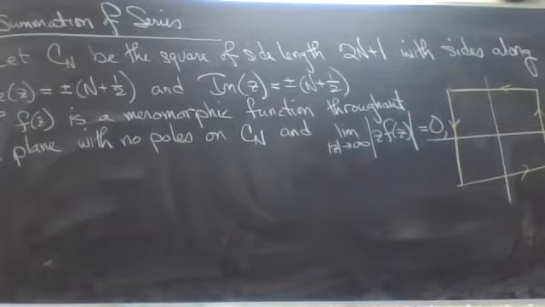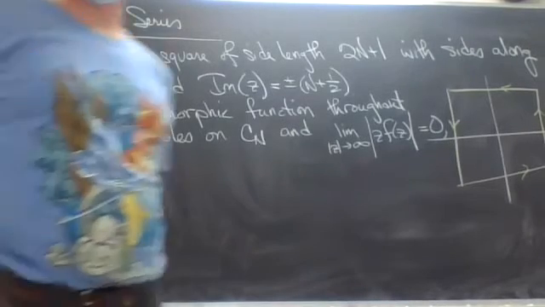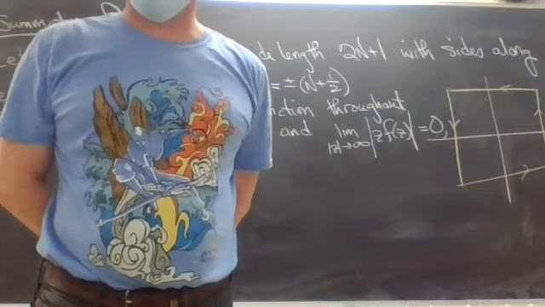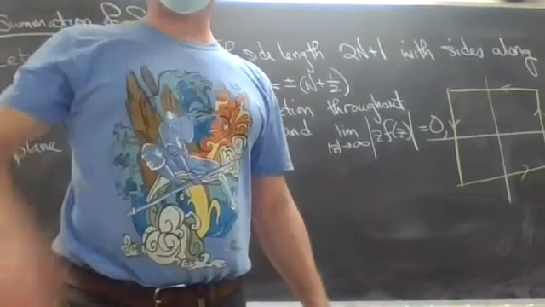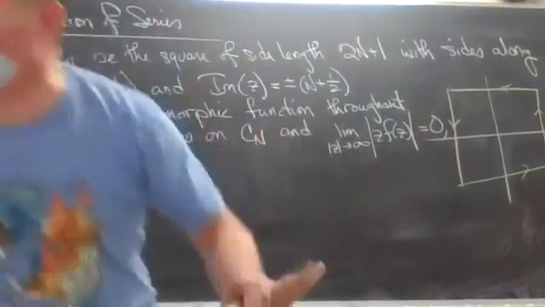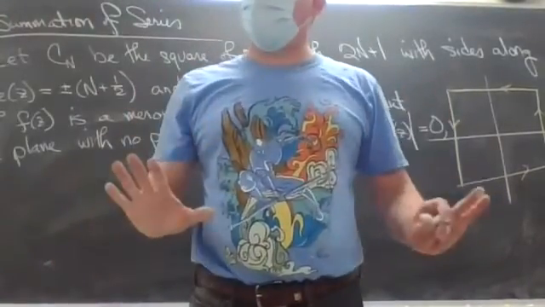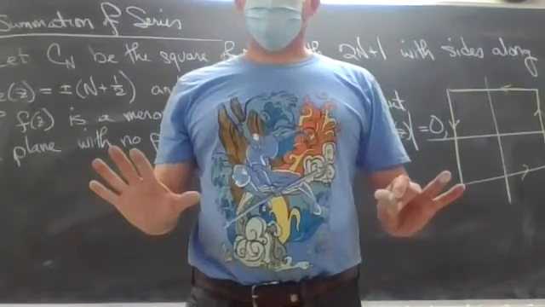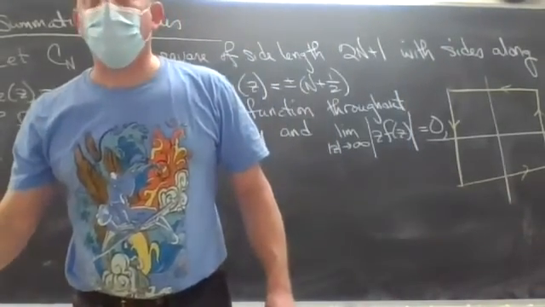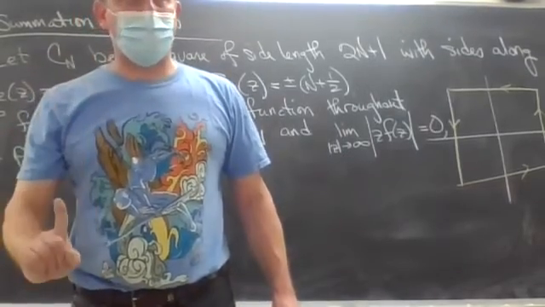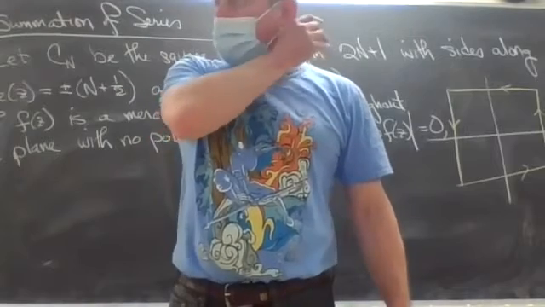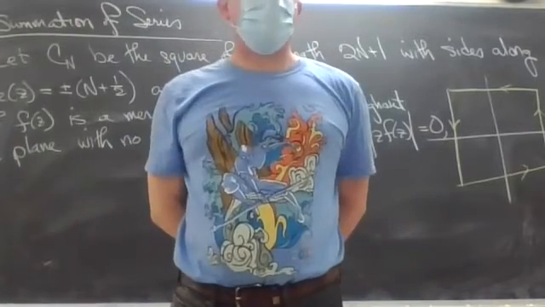Meromorphic means analytic with the exception of a number of isolated poles. Okay, a meromorphic function is a function that is entire except it's allowed to have poles. Any number of them. It can even have infinitely many poles, but it cannot have essential singularities. It cannot have branch cuts.